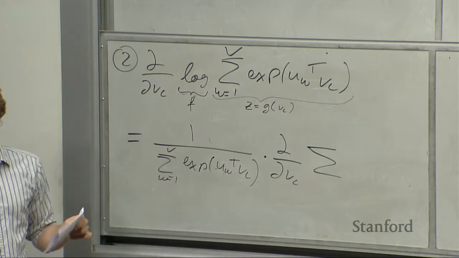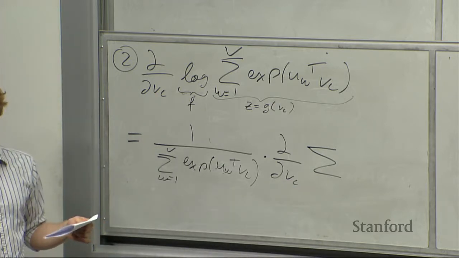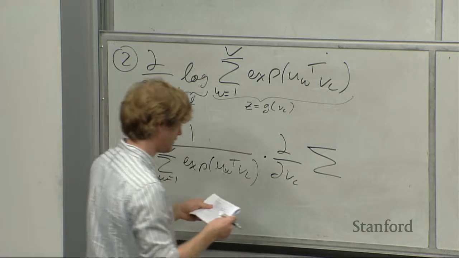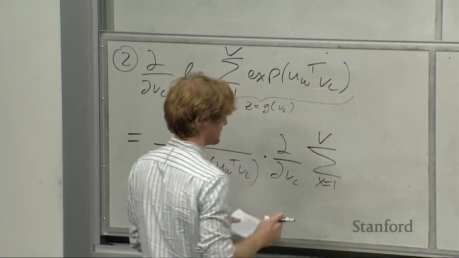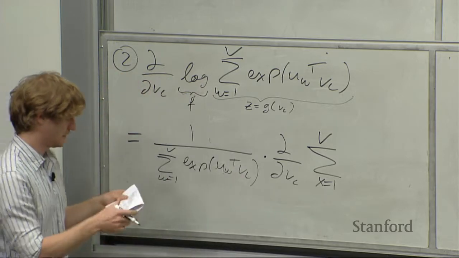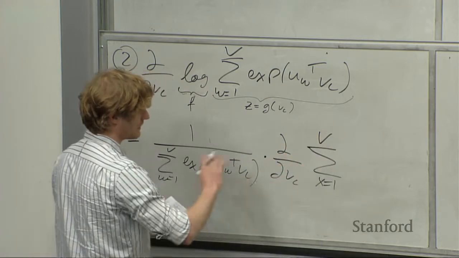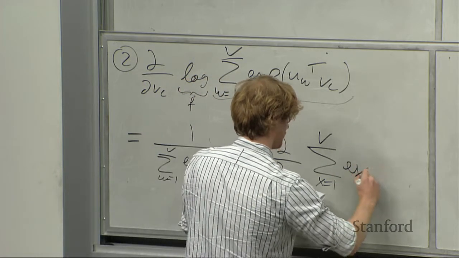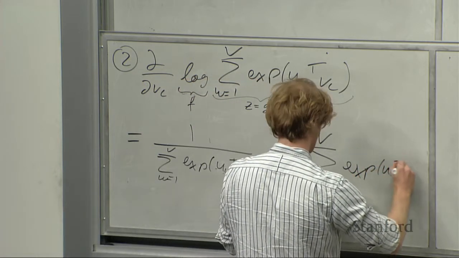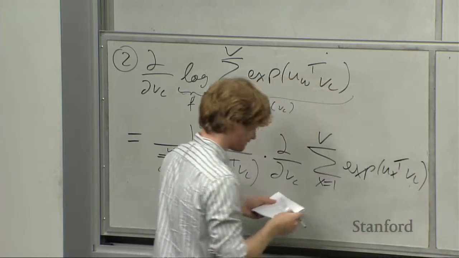This is something very simple, but it can trip up a lot of people. So we identify that this is a different sum that also sums over the entire vocabulary, but independently of this one. So now I have here the exponent of u_x transpose v_c.